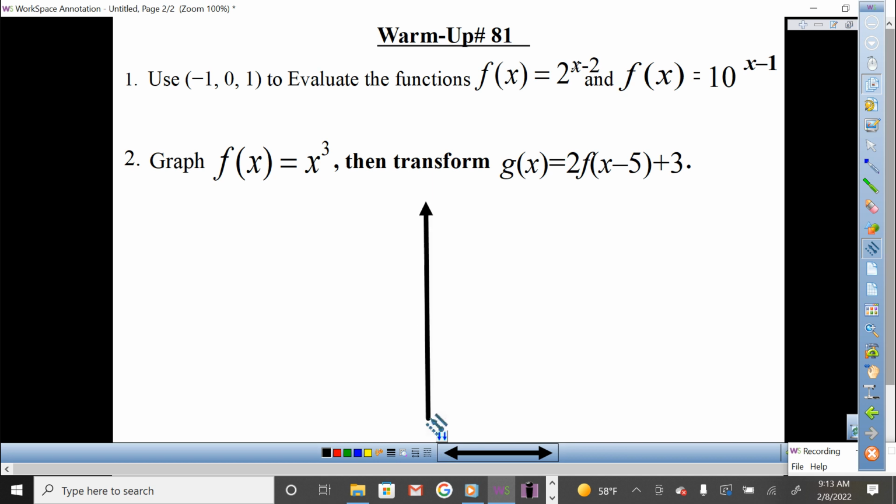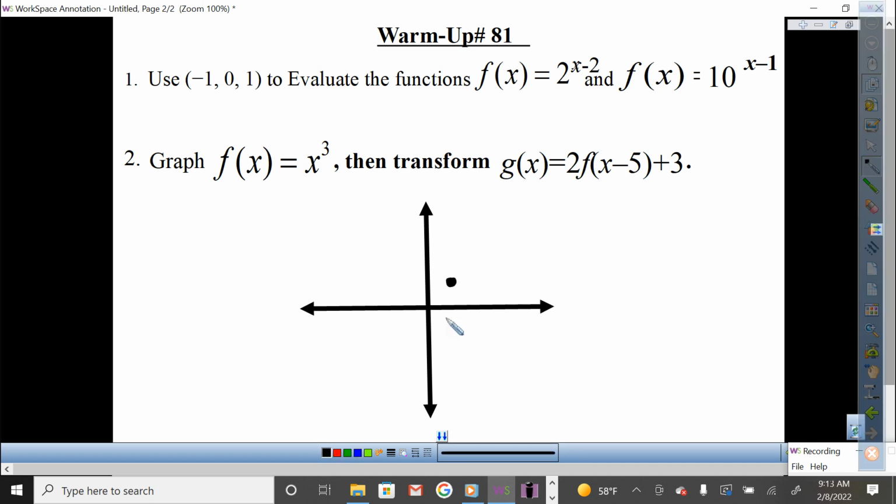So let me graph this just to make sure we got it. Our parent function, we said all parent functions go through the point 1, 1. Is that correct? So this is a cubic, and it looks like this. According to the transformation here, we put a little cube right there.